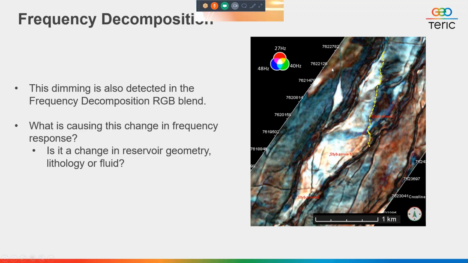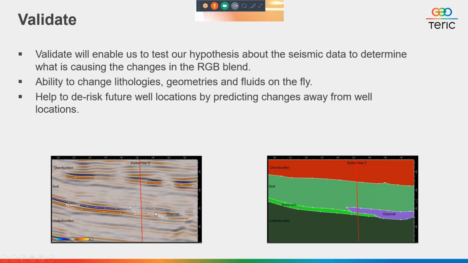So the question relating to frequency is: with this dimming of the frequency responses, due to the change in the fluid content, is it the changing of the reservoir geometry, or is it lithology changing? So those are the 3 reasons that we point out for the changes in frequency response.